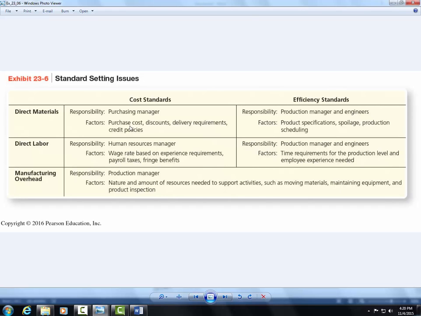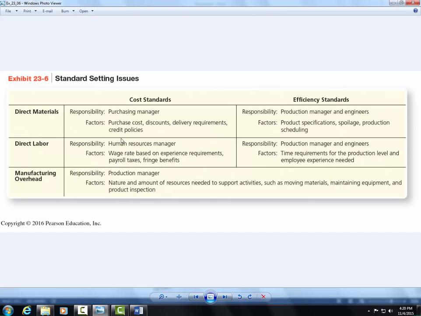So all of our product cost, direct material, direct labor, and manufacturing overhead, they're going to have cost standards, what we think it will cost to produce one unit of output. They're also going to have efficiency standards, and that is how much input we think is going to be needed. So if we're producing those crayons, the cost standard is how much does our direct material cost to produce one batch of crayons?